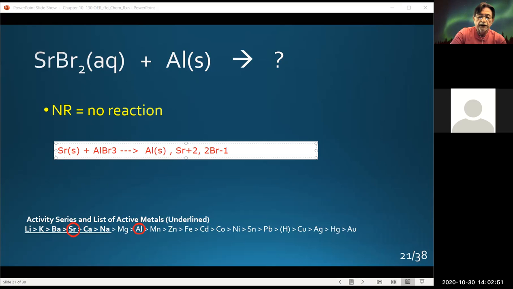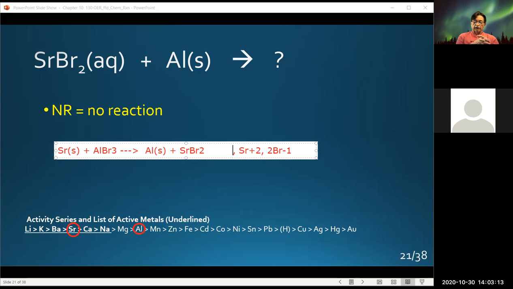So that being the case, my formula would be SrBr2. And you've got to balance that out.